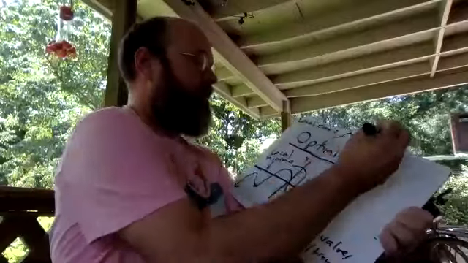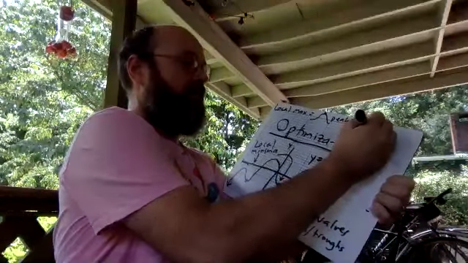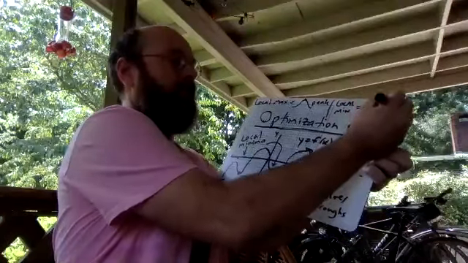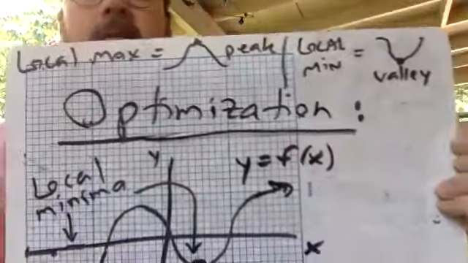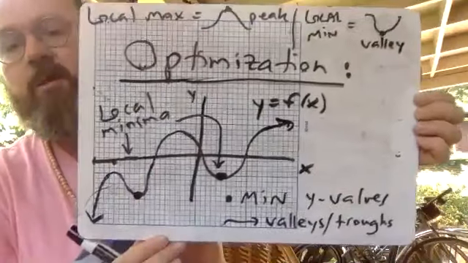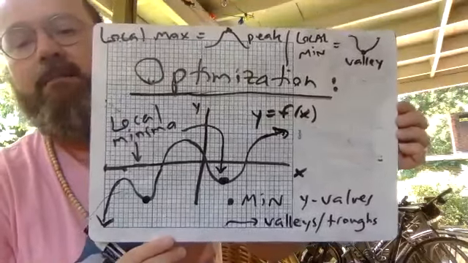And again, local mins, these look like the bottoms of valleys. Cool. So it's really easy to spot on the graph where the minima and the maxima are.